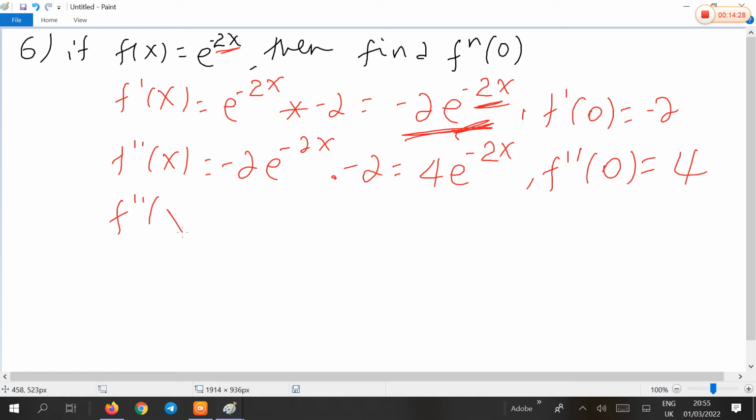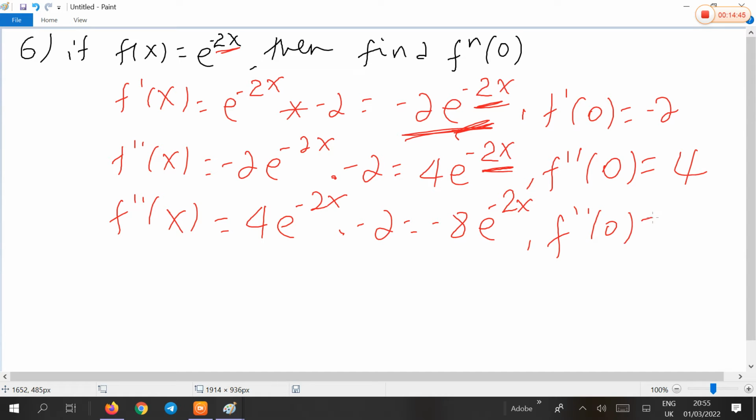The third derivative at x will be 4 times e to the power of minus 2x times the derivative of minus 2x, which is minus 2, so minus 8 times e to the power of minus 2x. So the third derivative at 0 will be minus 8. So we have minus 2, plus 4, minus 8, plus 16, and so on.